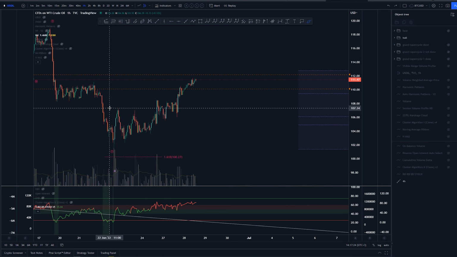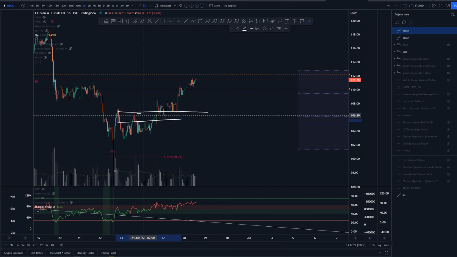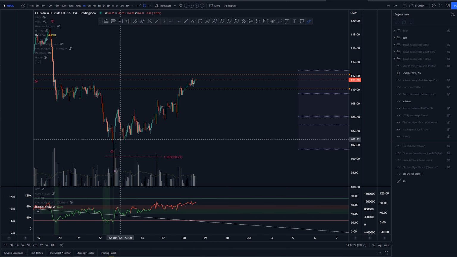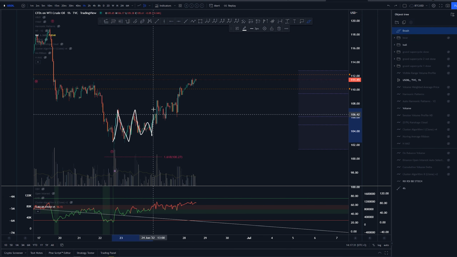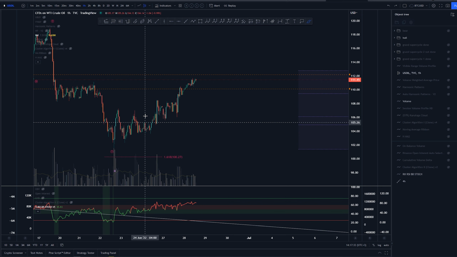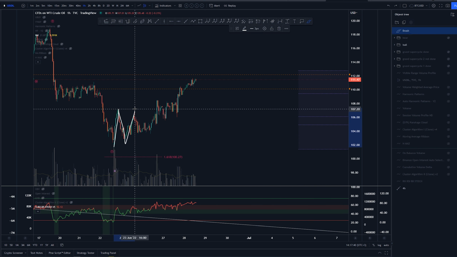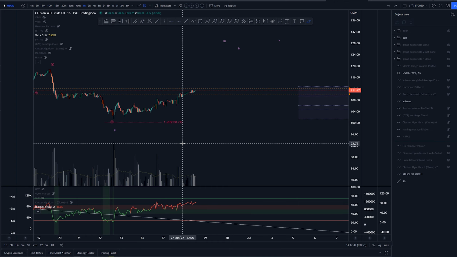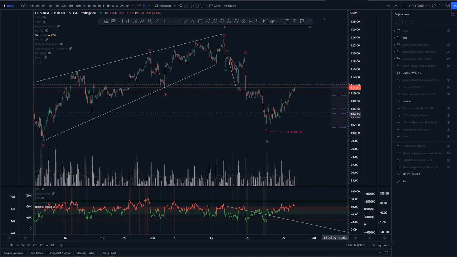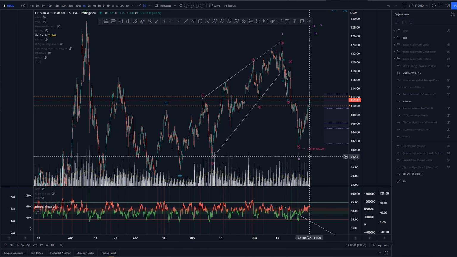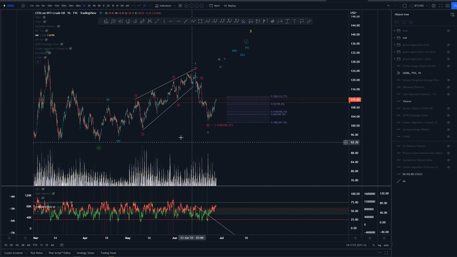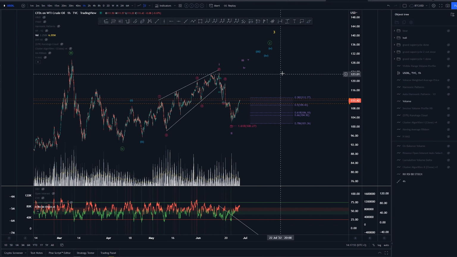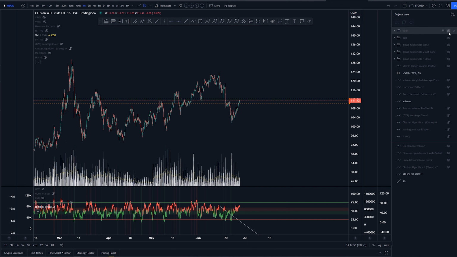Overall, when I'm looking at this, these are very overlapping structures, which could mean two things: either this is a corrective pattern or these are 1-2s. If it indeed is a nested pattern, then this is going to take off like a rocket. But that would be one of the scenarios we are expecting. That is basically the bullish scenario.